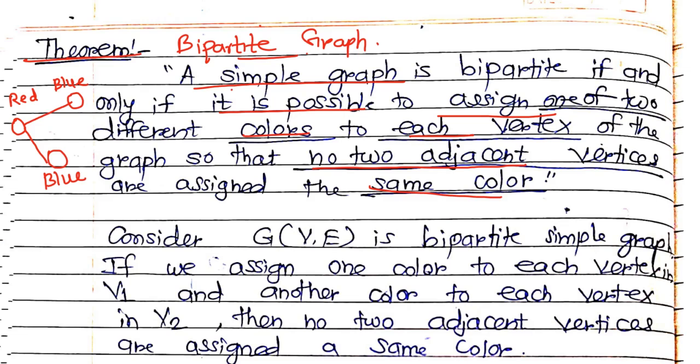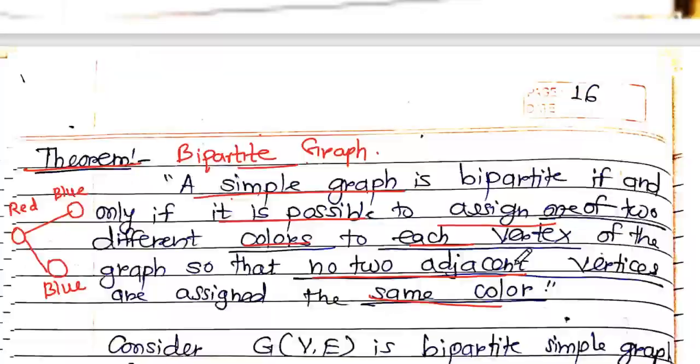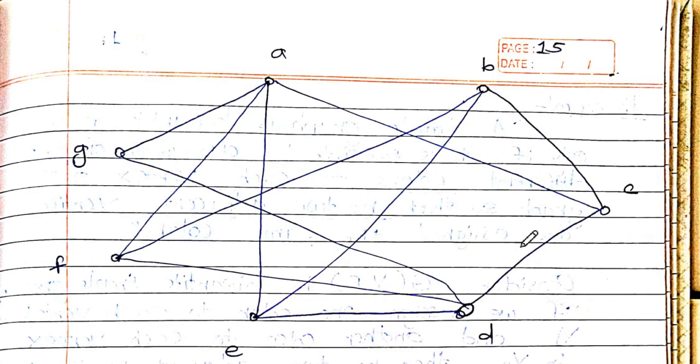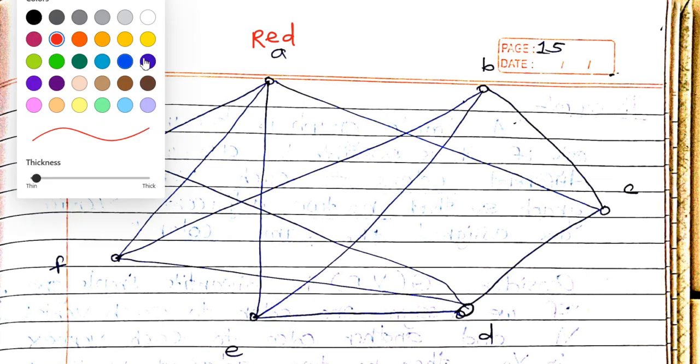In this way no two adjacent nodes should have the same color. So we will see this example. Can we give two different colors to all the vertices of this graph? We will start with vertex A. Let's say we give A red color. All the other neighbors of vertex A should have the different color, that is blue.